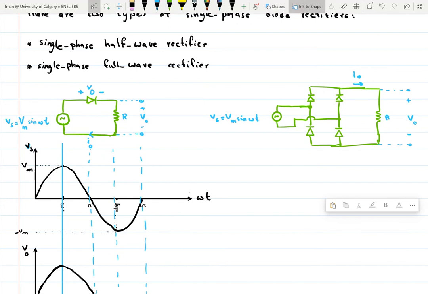Okay, so this right here is called a diode bridge rectifier.